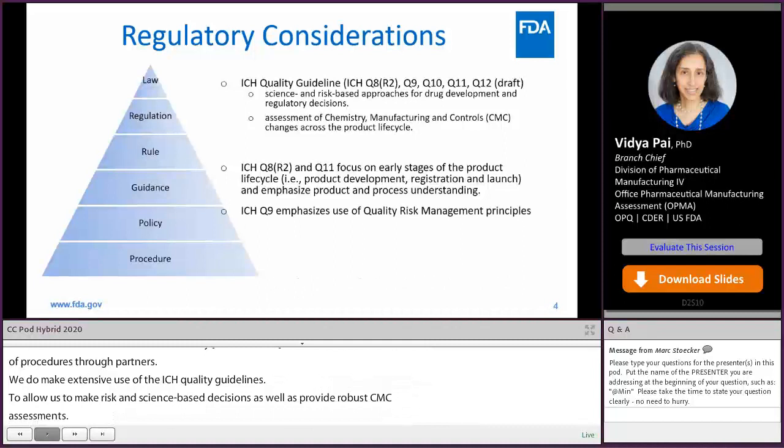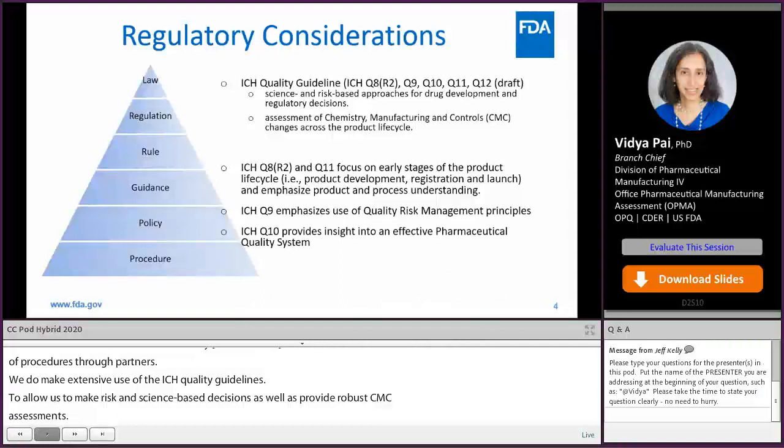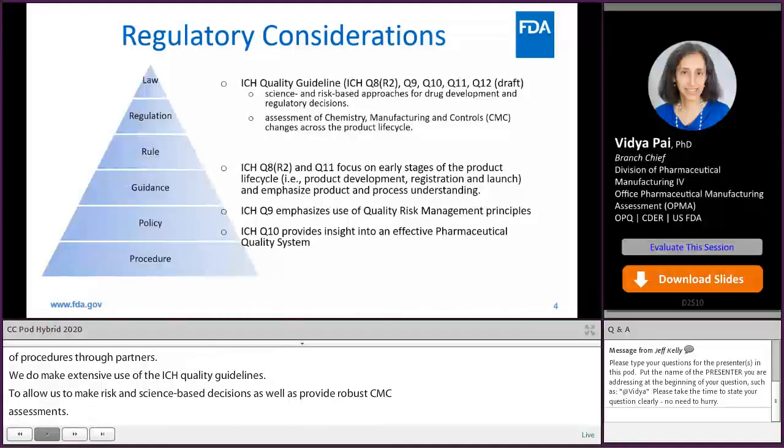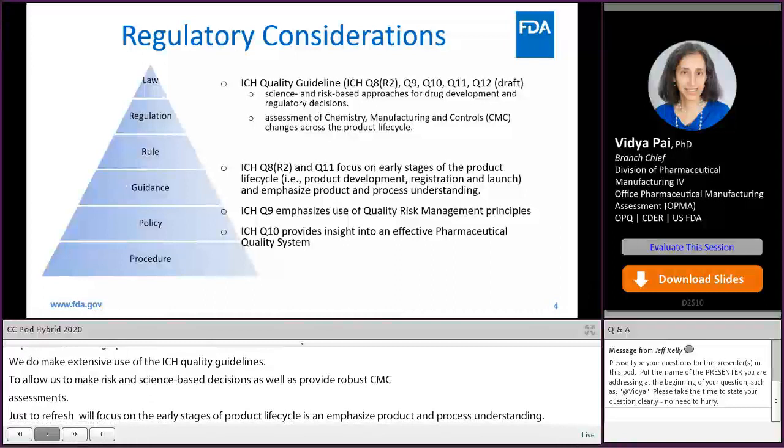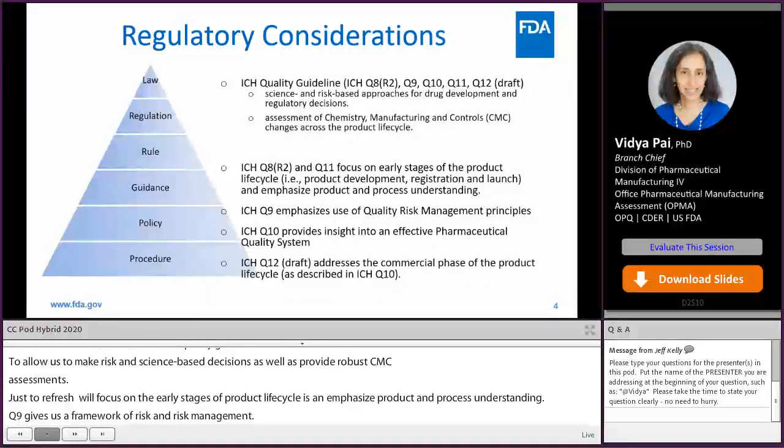Q9 gives us a framework of risk and risk management. Q10 gives us insight into design of an effective pharmaceutical quality system. And Q12 addresses the commercial phase of the product life cycle.